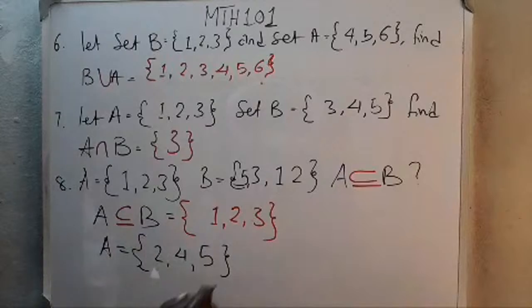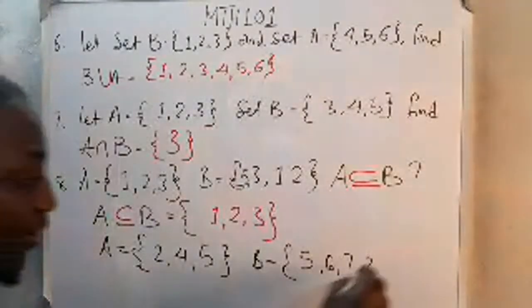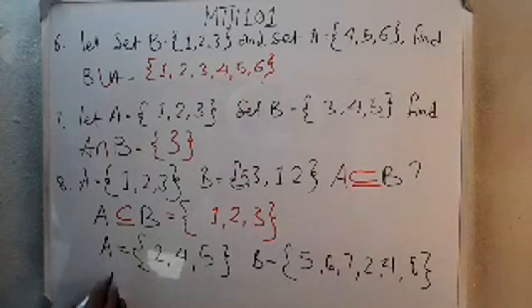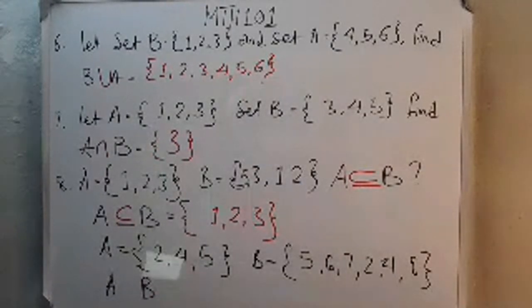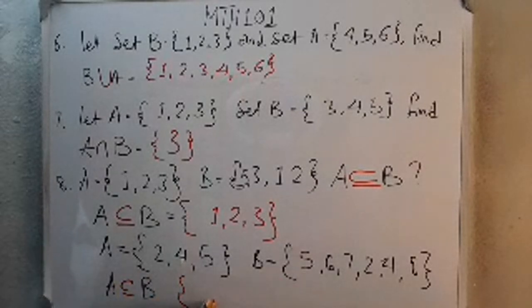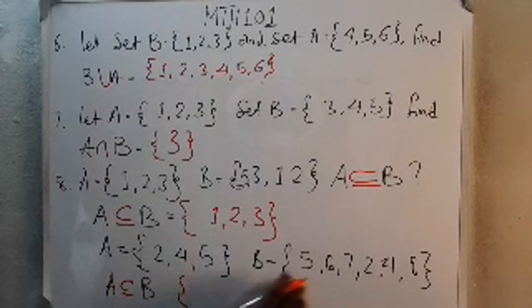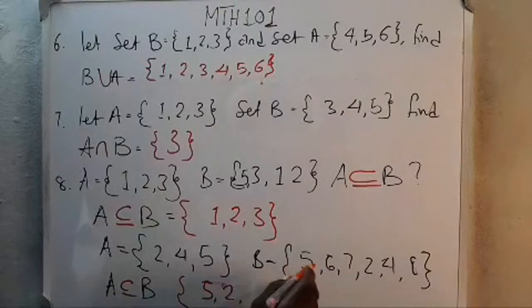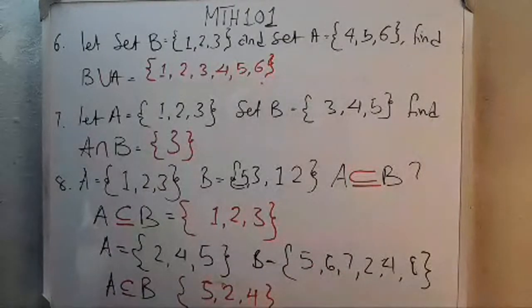If B is 5, 6, 7, 2, 4 and 8, then A subset B will be 5, 2, and 4. So we have that as that.